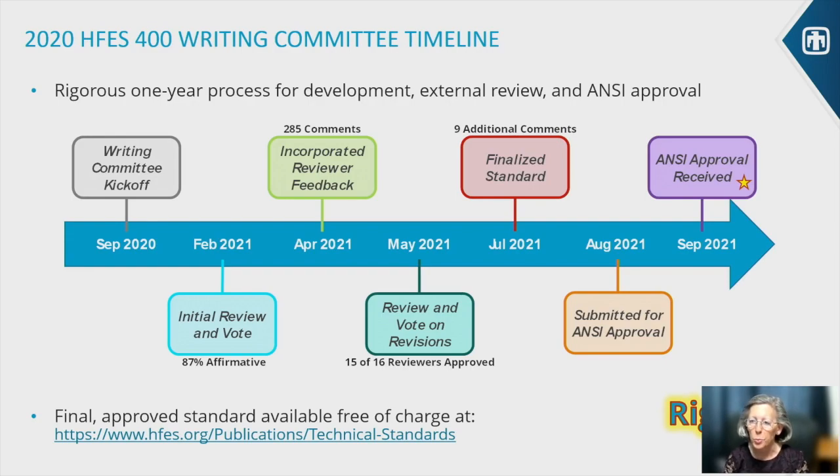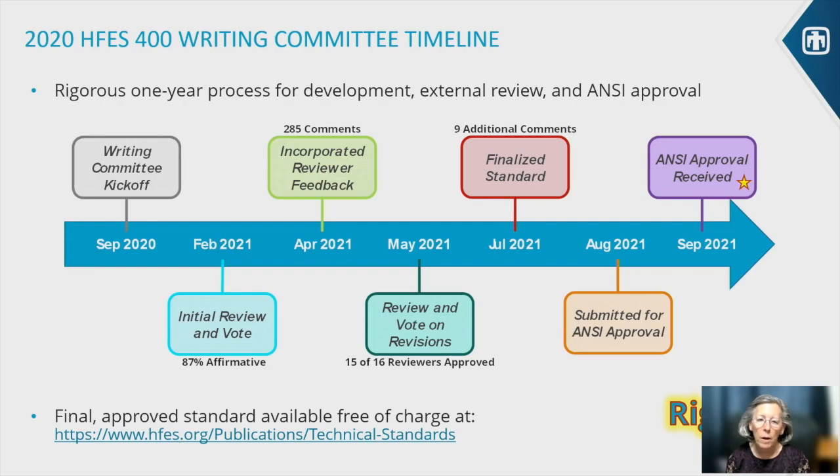Not all of the comments were completely applicable, but we had to go through every single one of those and figure out what do we do with this. And then once that was done, we had to send the revised document back out to all the original reviewers and ask them again, now what do you think?